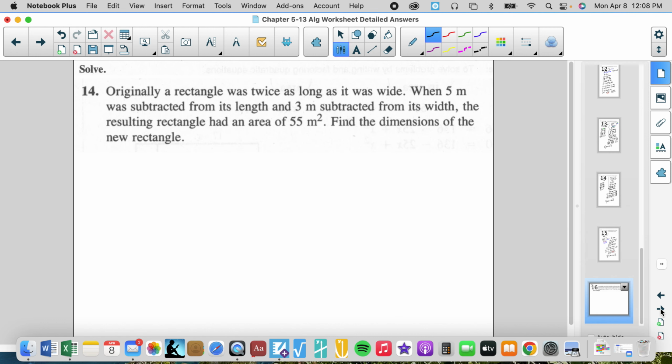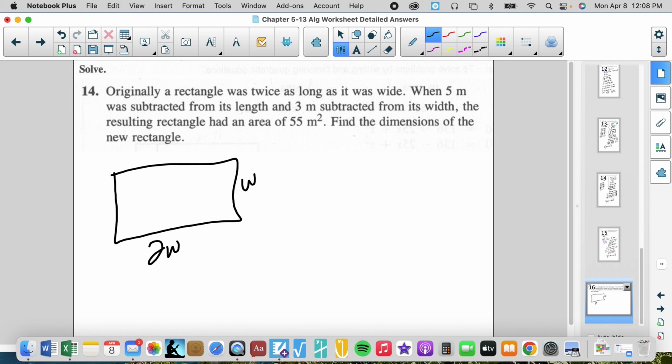Okay. Originally, a rectangle was twice as long as it was wide. That's going to be twice the width. The length is going to be twice. When 5 meters was subtracted from its length and 3 meters subtracted from its width, the resulting rectangle had an area of 55.